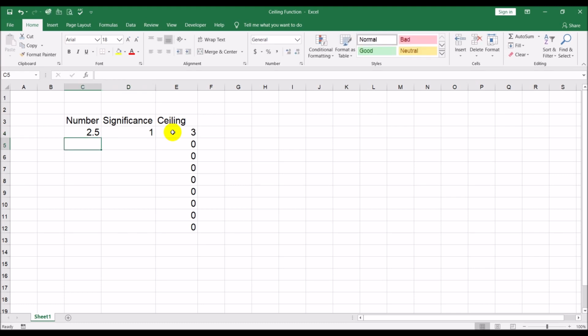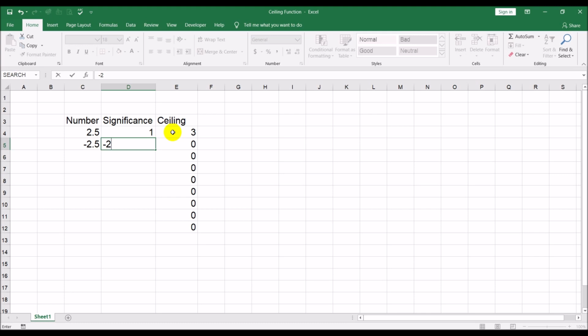Now let's see what would happen if the number was negative and the significance was negative. We said that if the number is negative and the significance is negative, the number is rounded down away from 0.